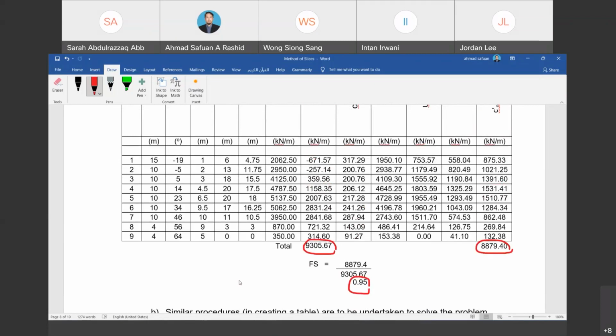From there, we first calculate the factor of safety, and then we relocate the point and get the factor of safety value again, until we obtain the lowest value for the factor of safety. That we can consider as the most optimal location for the point of origin.